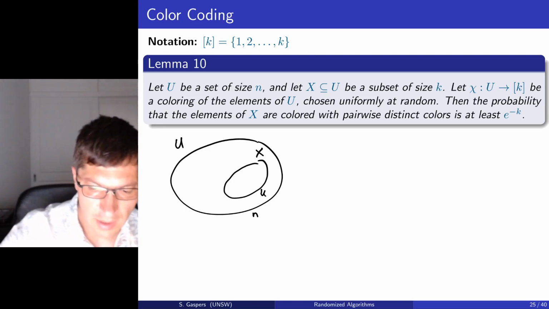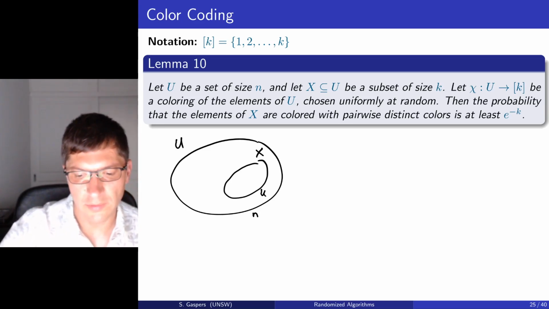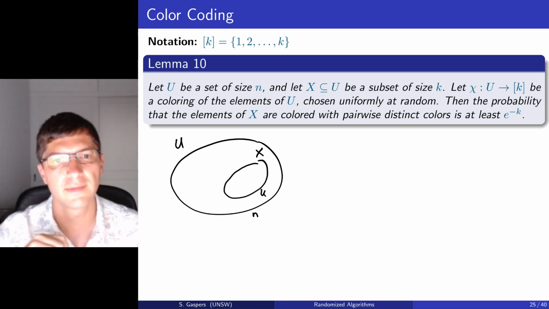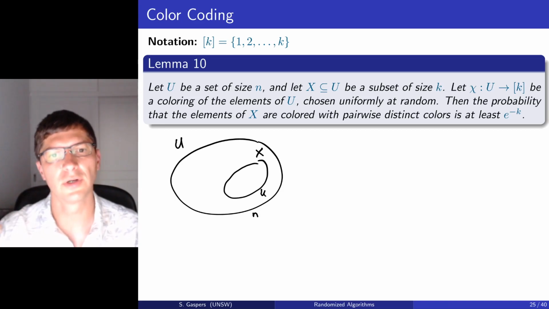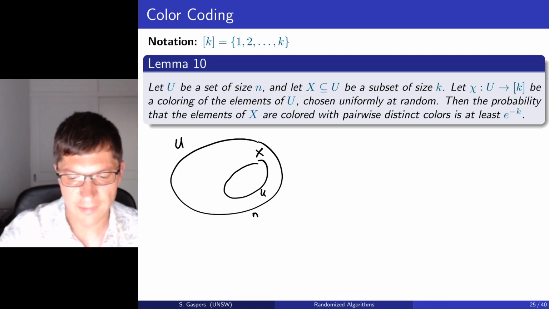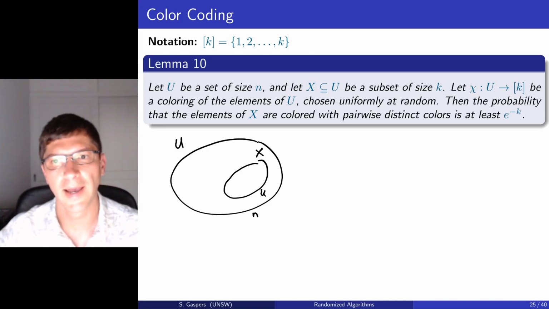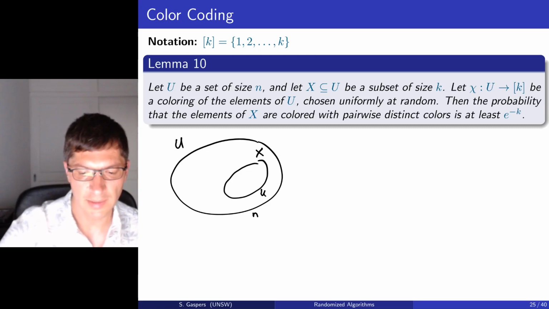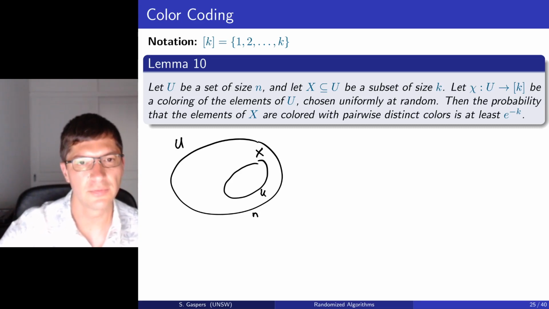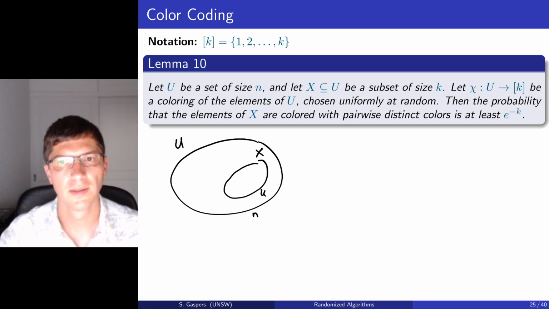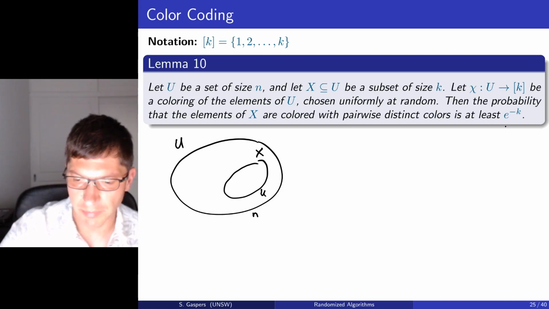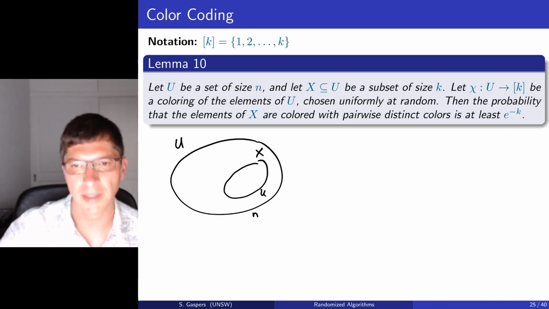We now want to know the probability that the set X has k different colors. X has size exactly k, and we also have k colors. So we want to lower bound the probability that in X we have k different colors. And this lemma lower bounds this probability by e to the power minus k.